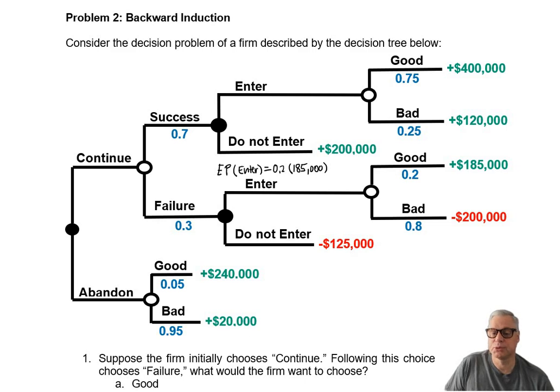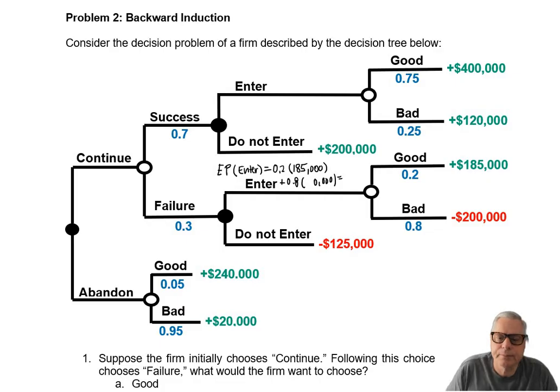But then there's also a loss with a probability of 0.8, so plus 0.8 times, and it's of course not 160, it's negative 200,000.